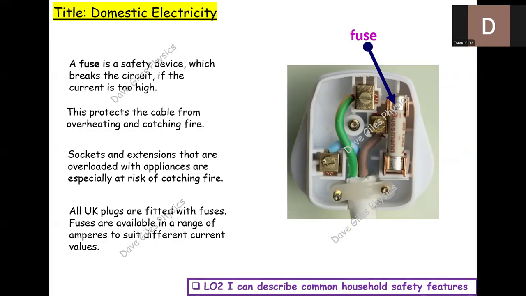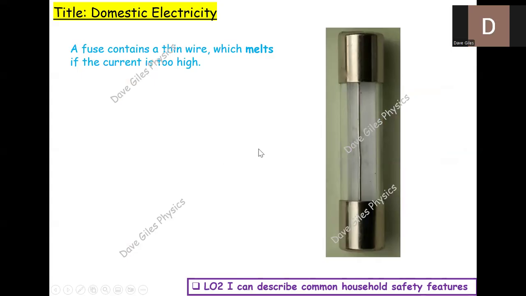So places like the USA, they only have two wires, and because they use a much lower voltage, about 110, 120 volts. So the fuse contains a thin wire which melts if the current is too high, which we see here. So we've got a clear fuse where we've got a transparent casing and we've got the actual wire in the middle.